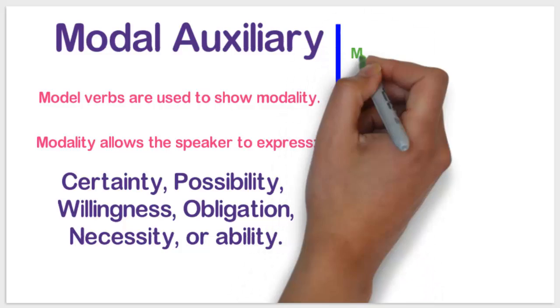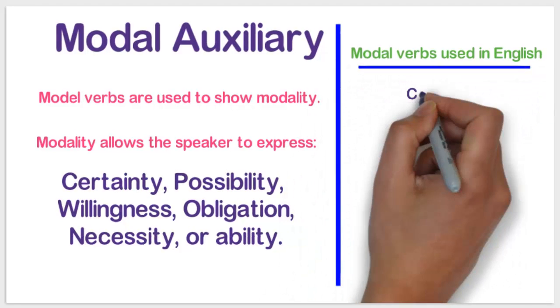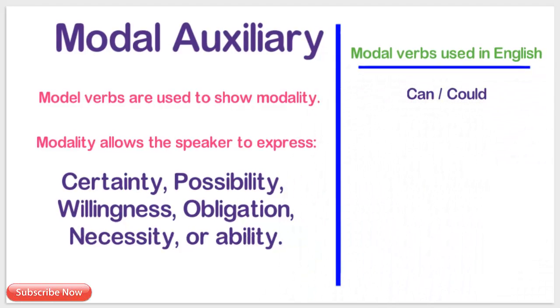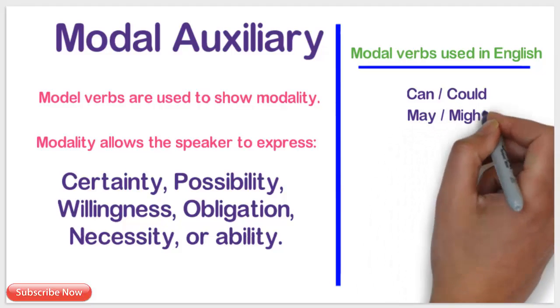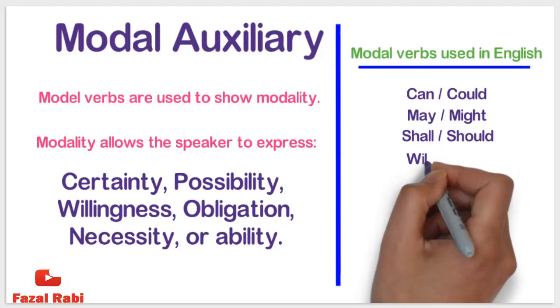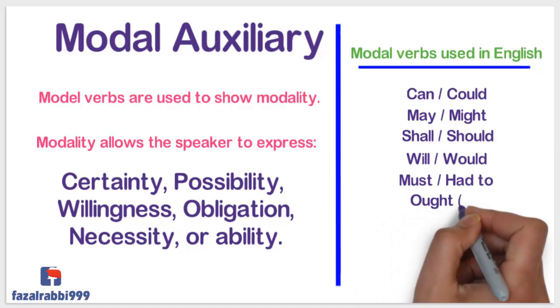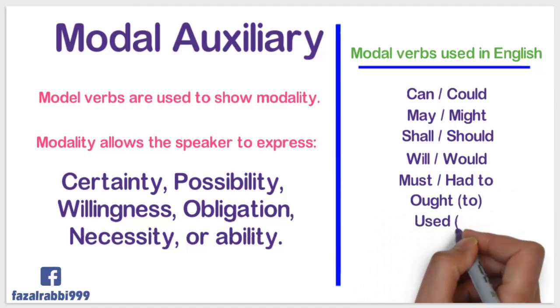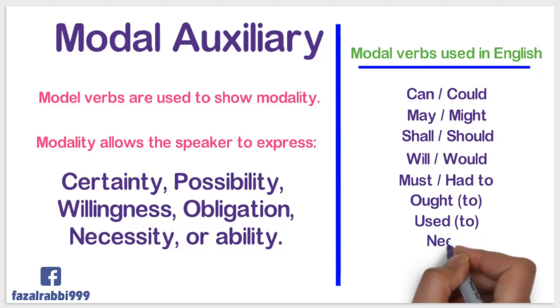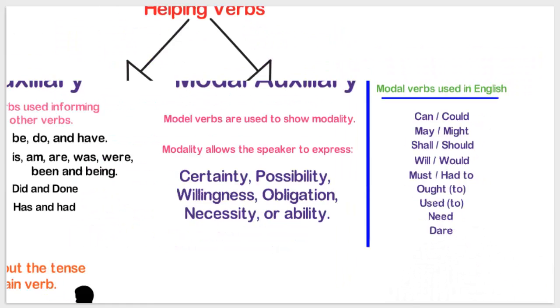The following modal verbs are there in the English language: can, could, may, might, shall, should, will, would, must, had to, ought to, used to, need, dare. We will learn about these in detail in our coming lectures.